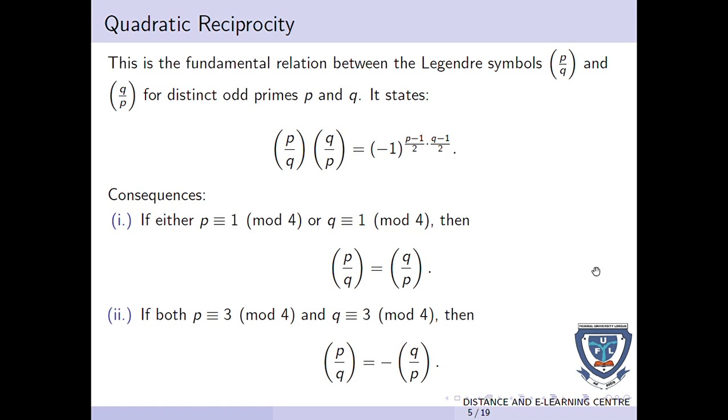This formula is very important in trying to find quadratic residues through computation. So if you don't want to use the Legendre symbol, you can actually use the Gauss quadratic reciprocity law, which is what we have just stated here.